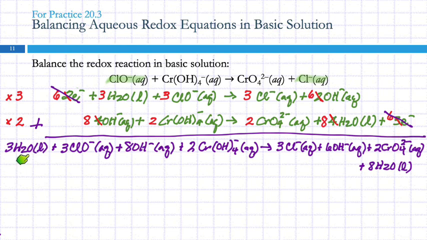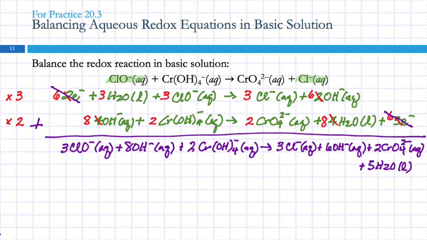I've got 3 water molecules on this side and 8 on this side. And so I can subtract 3 water molecules from both sides. So subtracting 3 molecules from both sides, and these 3 go away. And my 8 becomes a 5.